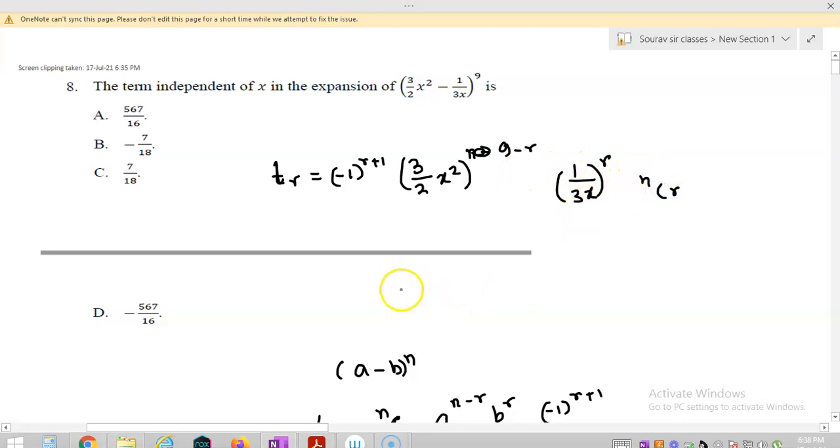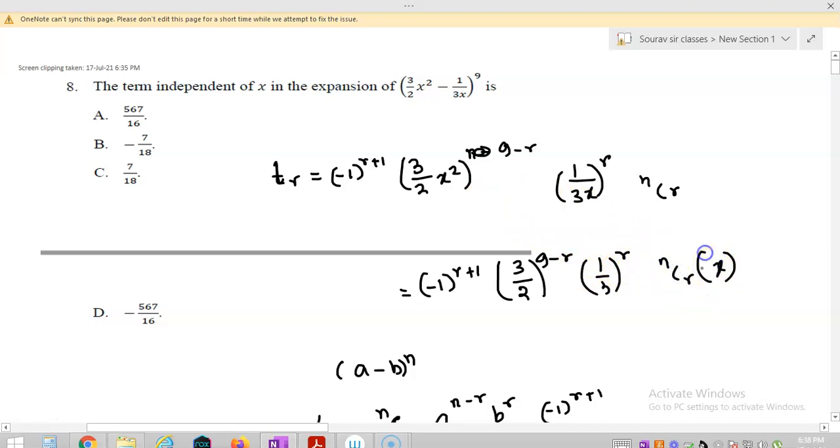So it will be equal to (−1)^(r+1) and (3/2)^(9−r), and (1/3)^r, and nCr into x^(18−2r) into 1/x^r.